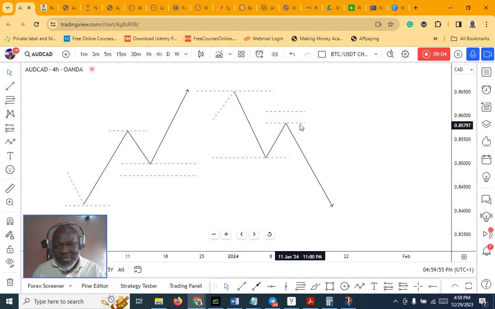That is the Fibonacci 50 level and the Fibonacci 61.8 level. These are the two levels that I pay attention to as a trader. The 61.8% Fibonacci level is what we call the Fibonacci golden ratio.